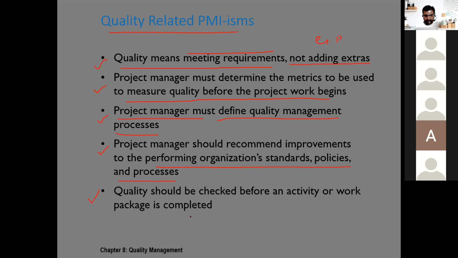Quality should be checked before an activity or work package is completed. So basically here it is talking about quality control, QC. QC talks about that before demonstrating the deliverables, before handing over the deliverables or the work packages to the customer, it's very important that quality control work should be done on those deliverables.